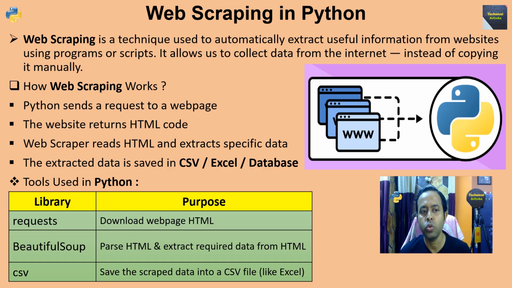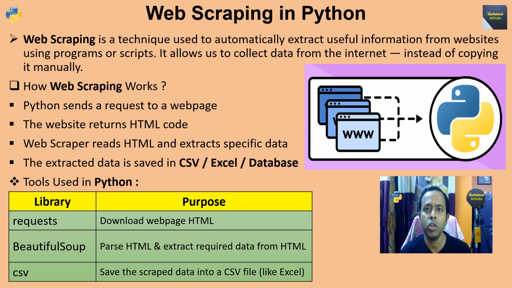The tools used in Python for web scraping are some important libraries. One is requests, because Python provides an amazing library. This requests module is used to fetch web pages, meaning download the web page HTML. The second one is BeautifulSoup.